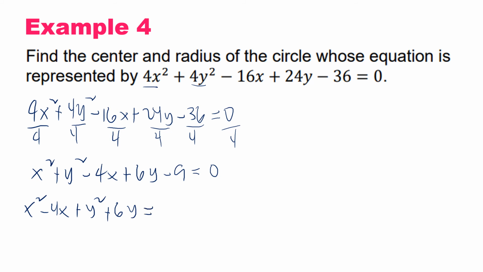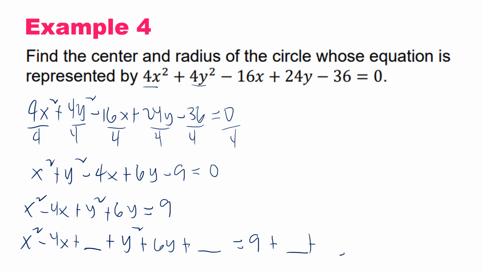Tapos i-transpose ang negative 9 sa kabila. So you are given positive 9. And then complete the square. So x squared minus 4x plus blank, plus y squared plus 6y plus blank equals 9 plus kung ano yung blank.